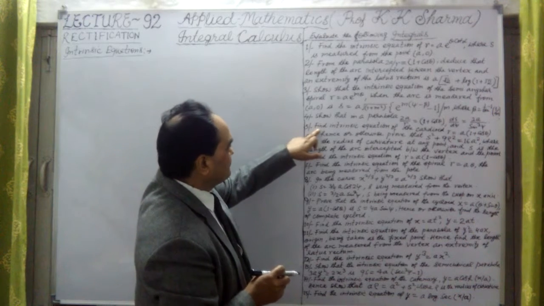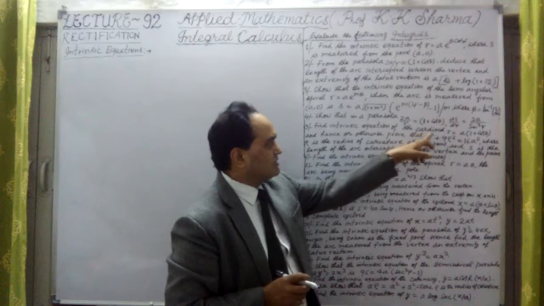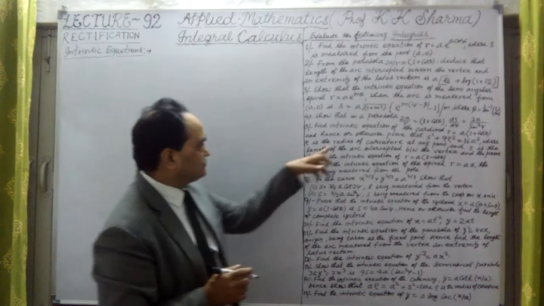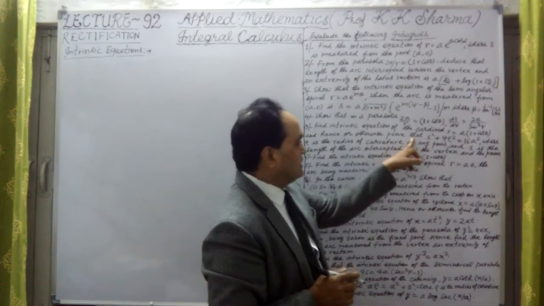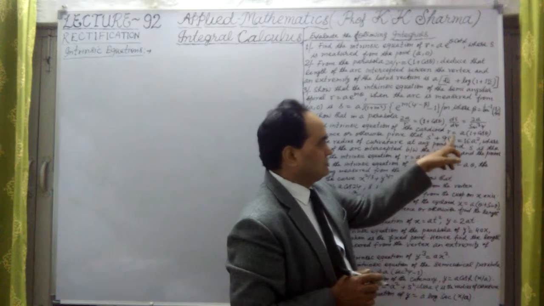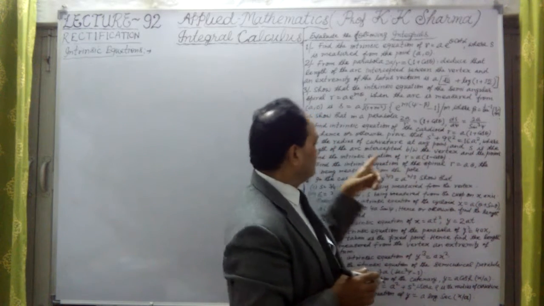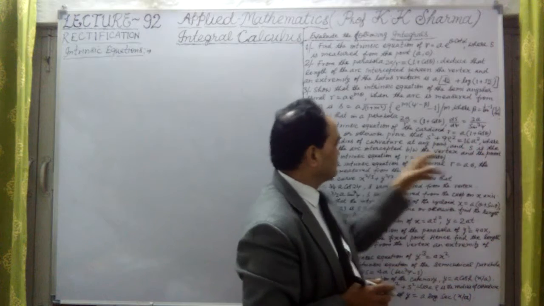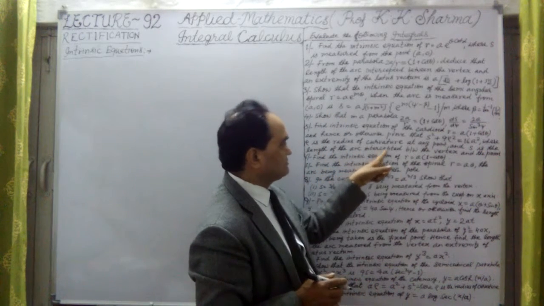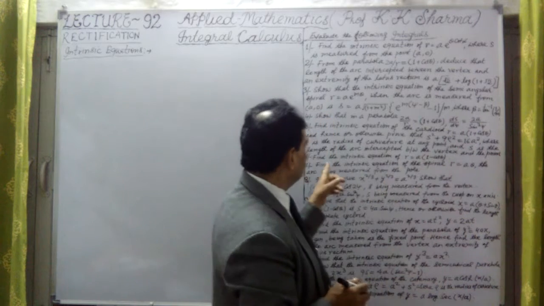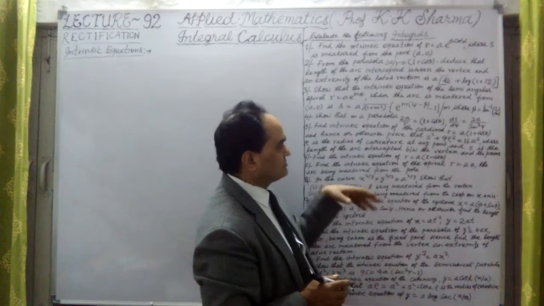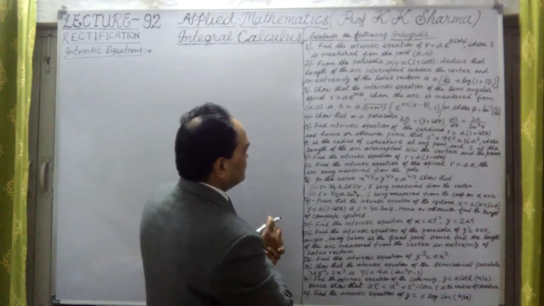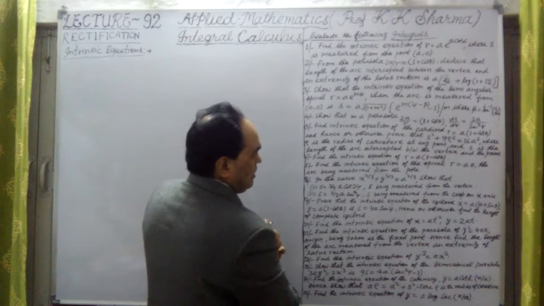Now question number 5 says, find the intrinsic equation of the cardioid r equal to a into 1 plus cos θ, and hence or otherwise prove that s² plus 9ρ² equal to 16a², where ρ is the radius of curvature at any point, and s is the length of the arc intercepted between the vertex and the point. So we will take again 0 to θ angles.